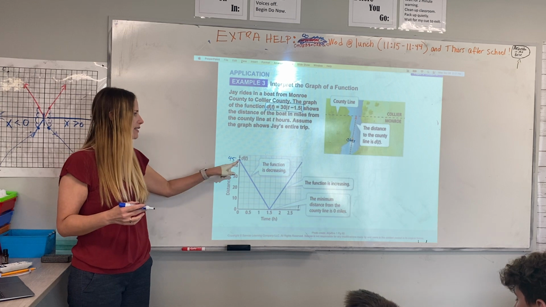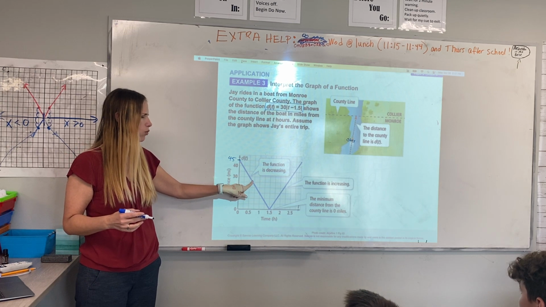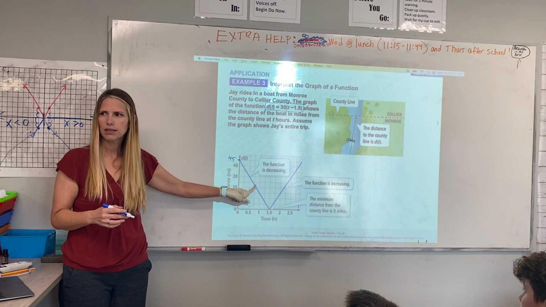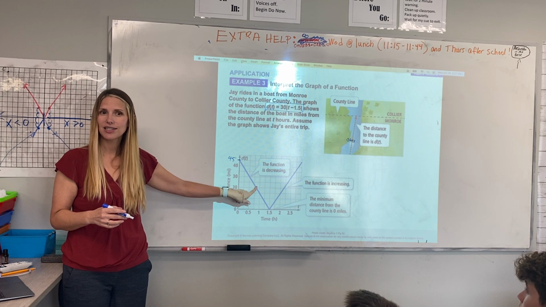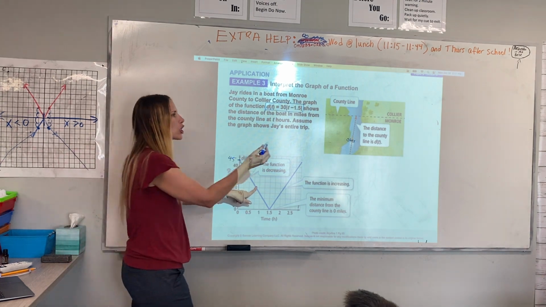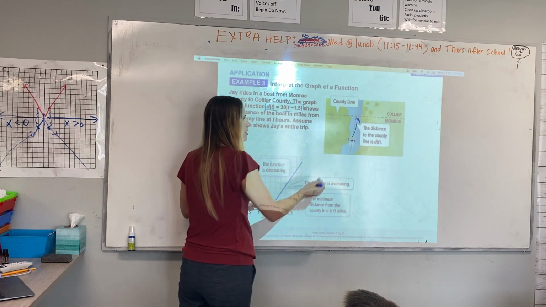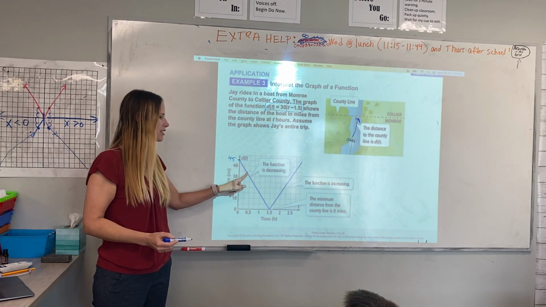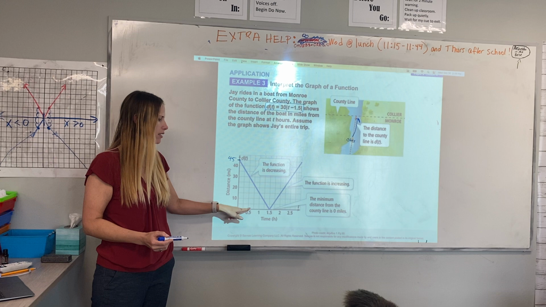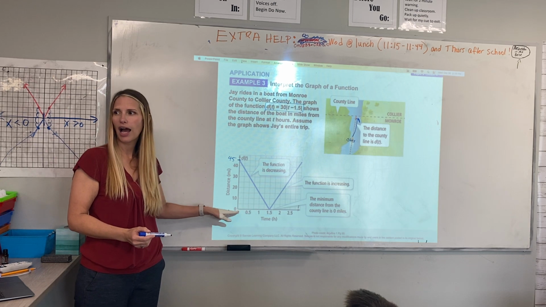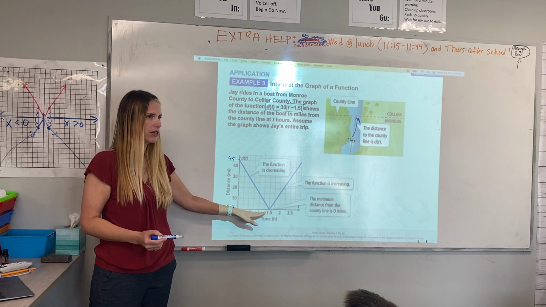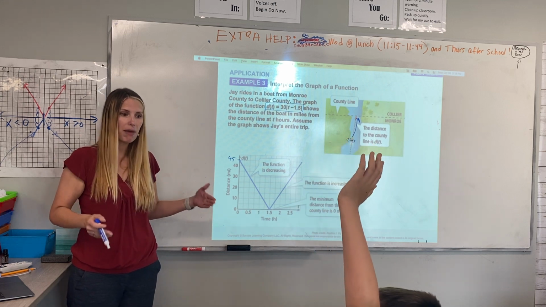Time is passing. Now it looks like it's decreasing. What's decreasing? The distance is decreasing because he's getting closer to the county line. What's increasing? The time.